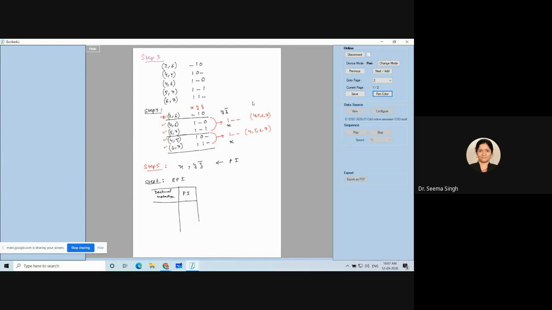All of you have to copy this, okay? And whichever term was 1 there, that was 2, 4, 5, 6, 7, all those min terms will be written here. So M2, M4, M5, M6, and M7 will be written.